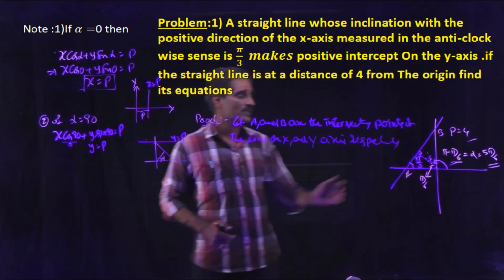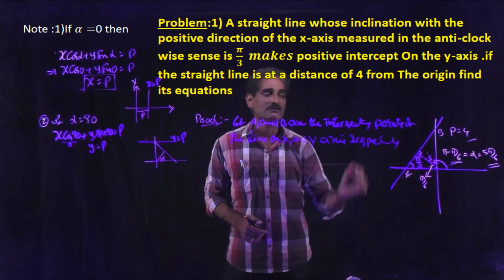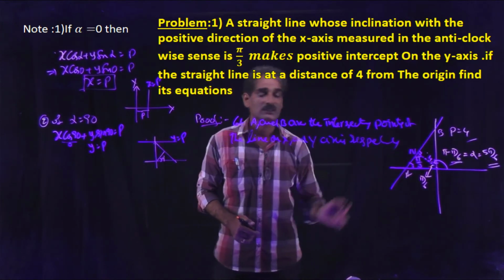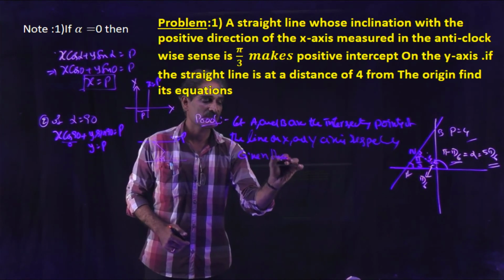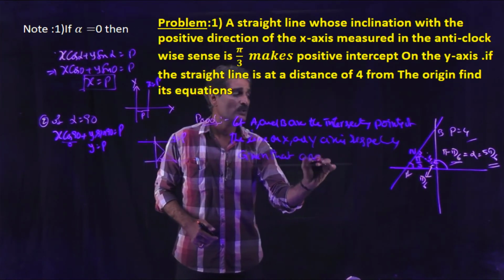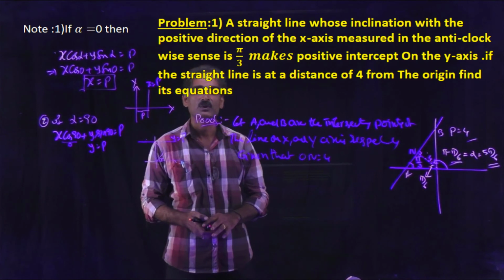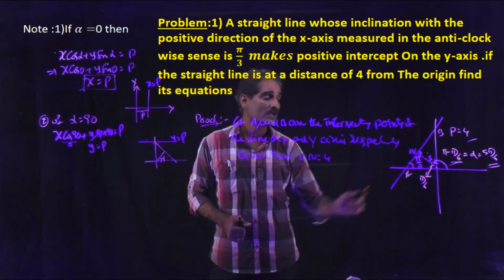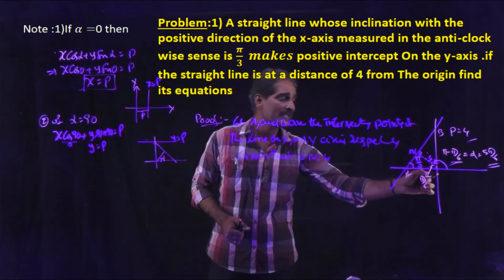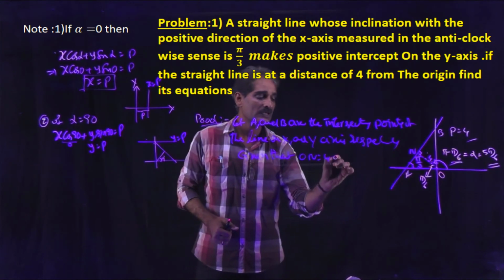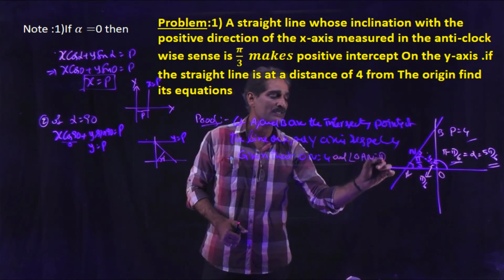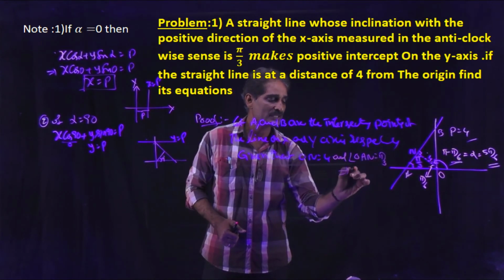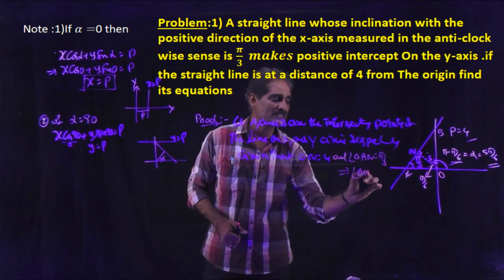Okay, so draw the perpendicular from origin to the line. Let us take ON. Given that ON is equal to 4 units, and given that angle OAN is equal to pi by 3. This implies angle AON is equal to pi by 6.